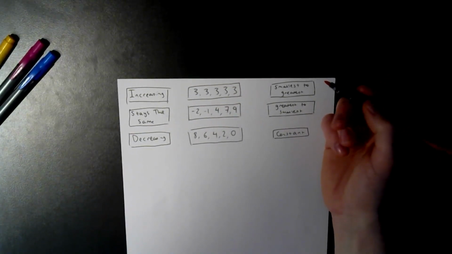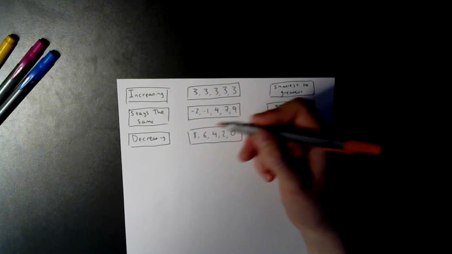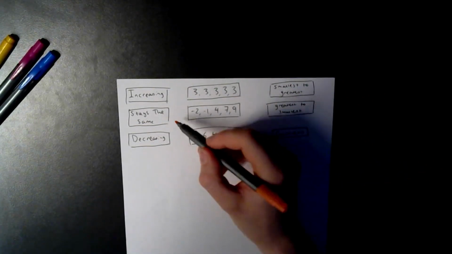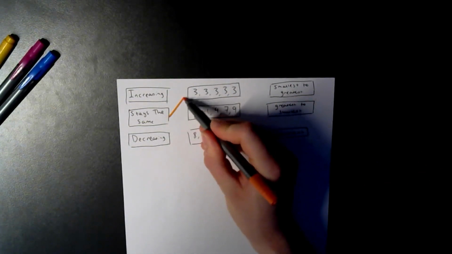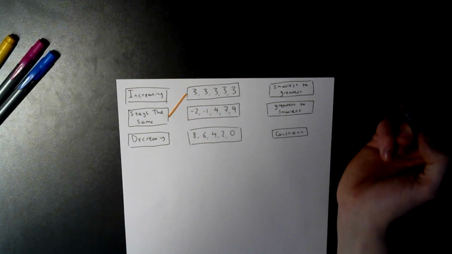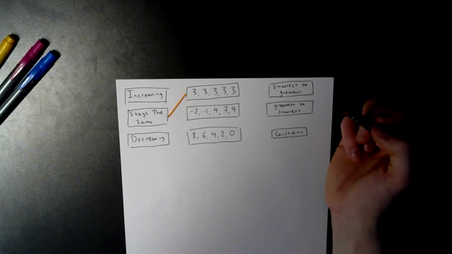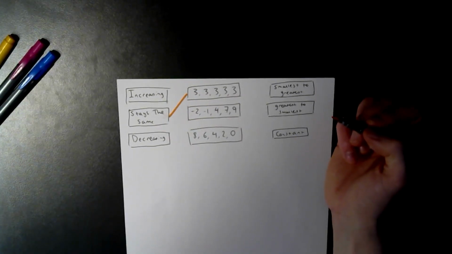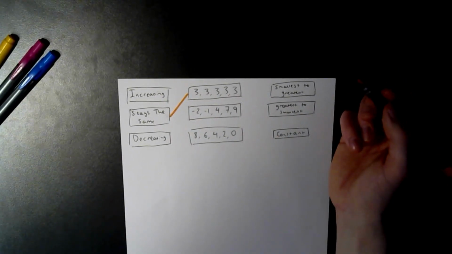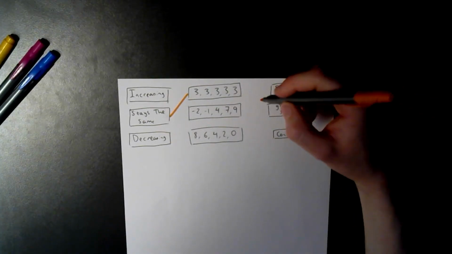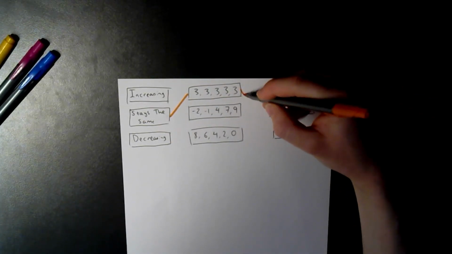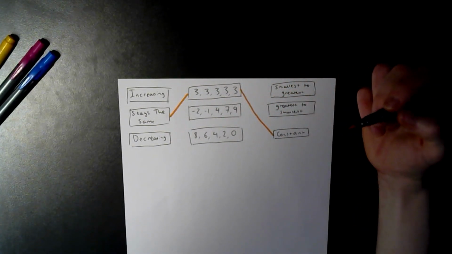They're not increasing and they're not decreasing because we're not moving along the number line. And so we'll just say stays the same. And then because it's not going from small to big or big to small, it's just constant. It's just staying the same. And that's the word that we use. So we say constant.